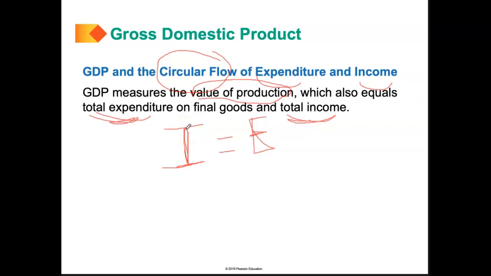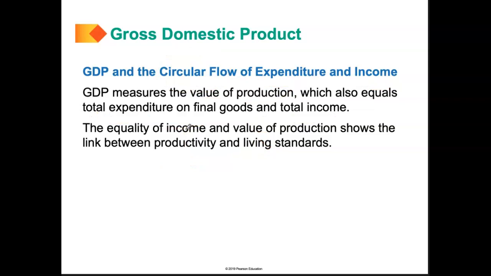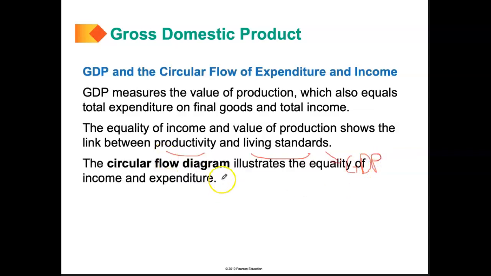And the equality of income and value of production shows the link between productivity and living standards. So GDP is a good indicator of living standards. And we use the circular flow diagram to show how income is linked to expenditure.